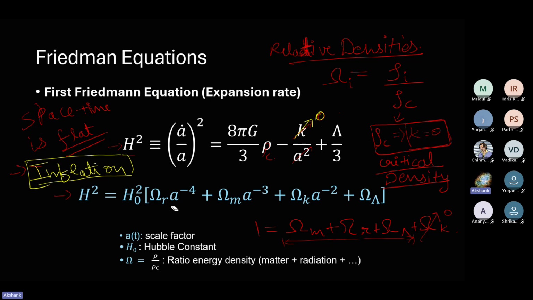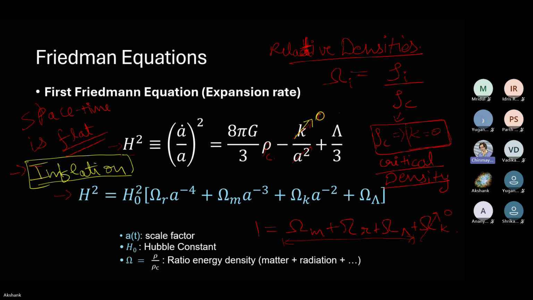Remember, radiation was a to the power minus 4, matter is a to the power minus 3, omega lambda was constant, and k is a to the power minus 2, as you can see in the first Friedmann equation. But what we observe today from the data is that omega k is 0. So k is also 0. The universe is flat. Okay. Any other questions from this? If not, that's it for today's lecture.